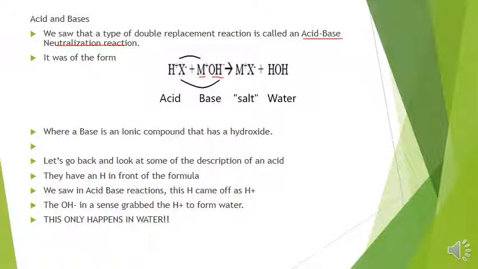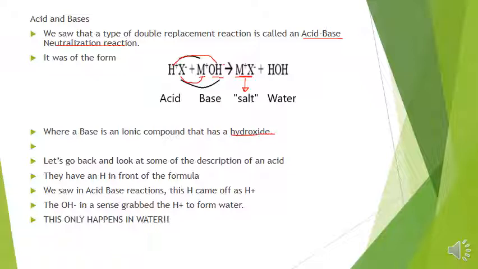What happens is the H plus combines with the OH, and the metal and the non-metal combine, and so you end up with a new ionic compound. We call it a salt. Another name for ionic compounds is salts. And then you've always formed water. A base is an ionic compound with a hydroxide.